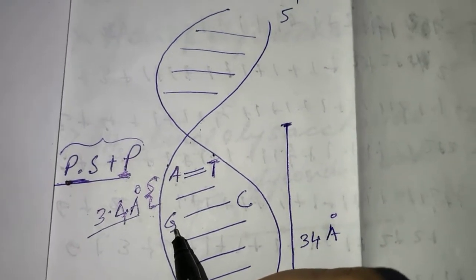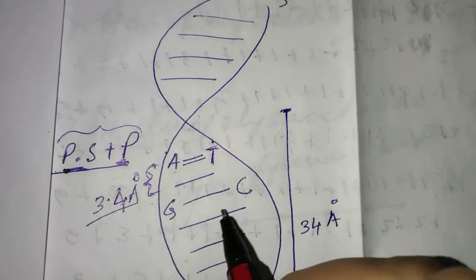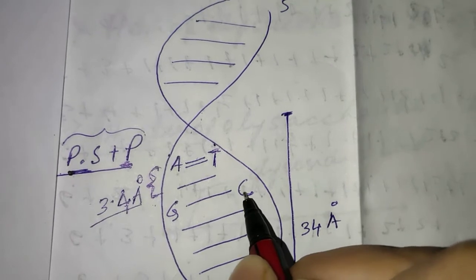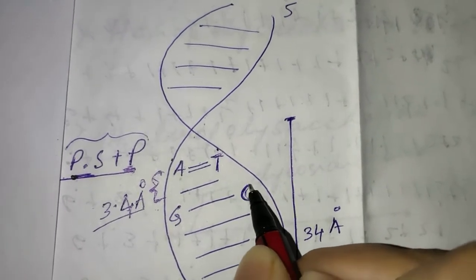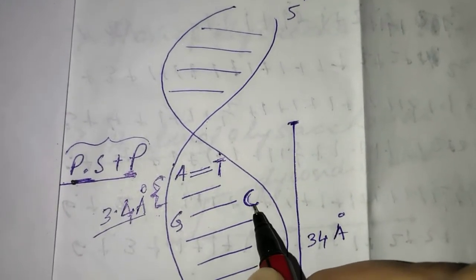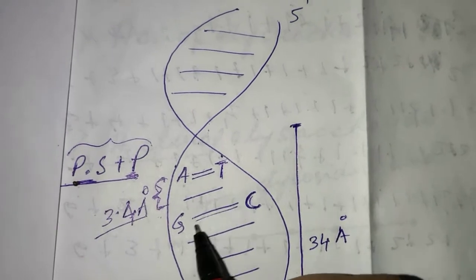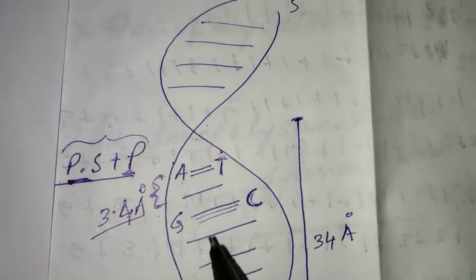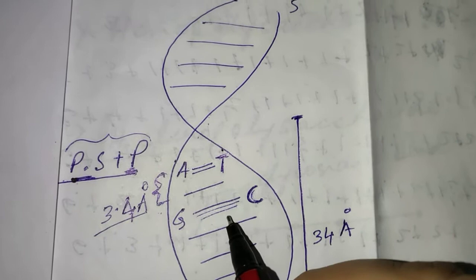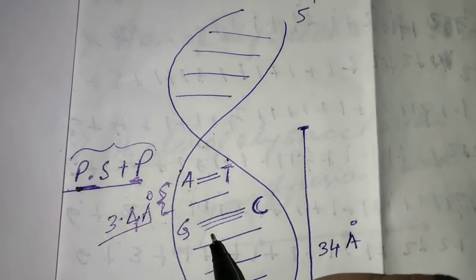If the first strand contains guanine, then in its opposite position in the other strand it must be cytosine, and these two are linked by 3 hydrogen bonds.